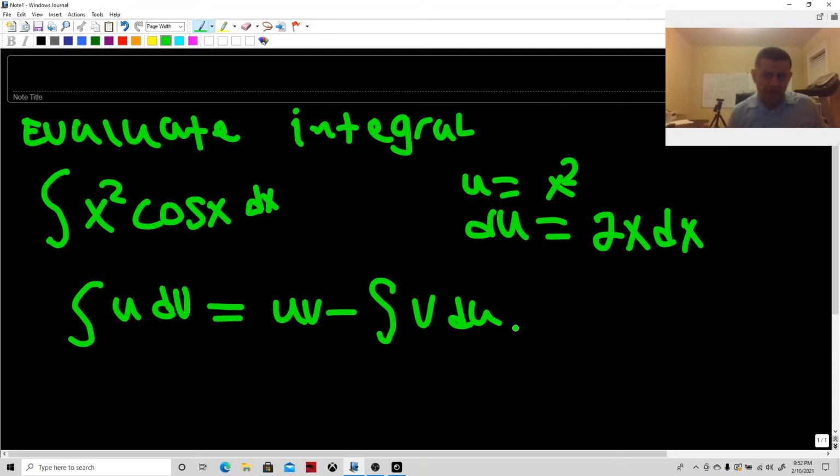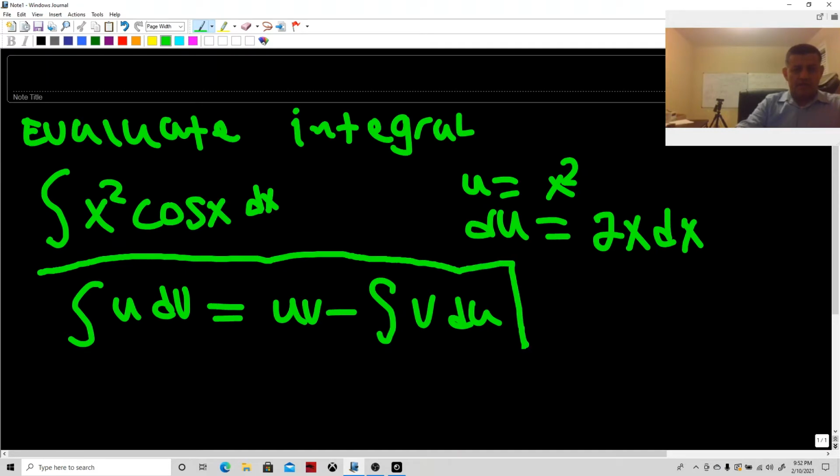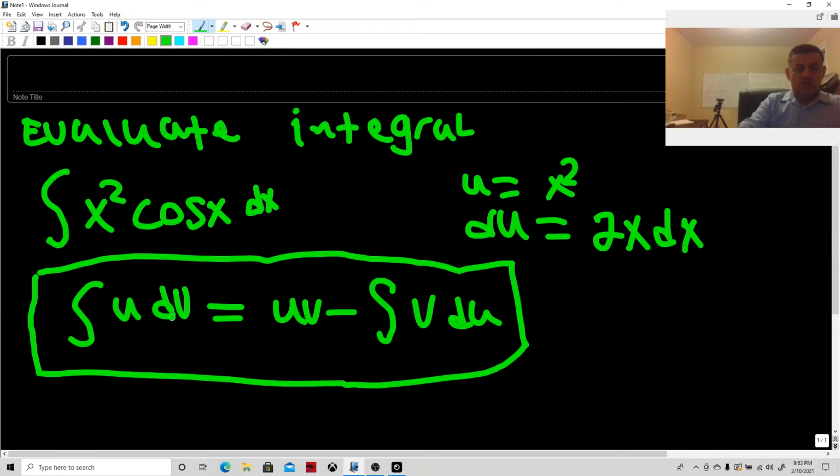I guess we're familiar with that formula, so that's what we're following. So the integral u dv equal to uv minus the integral of v du, right?